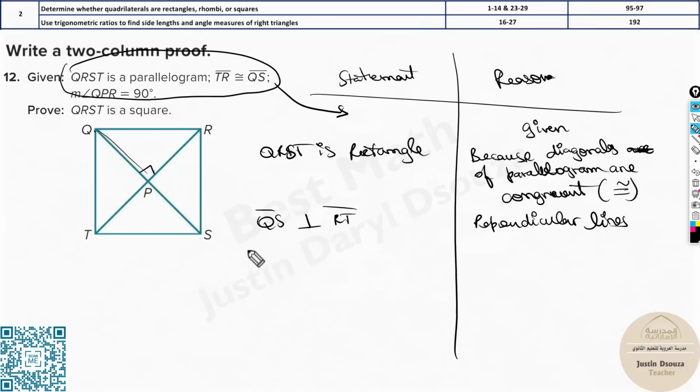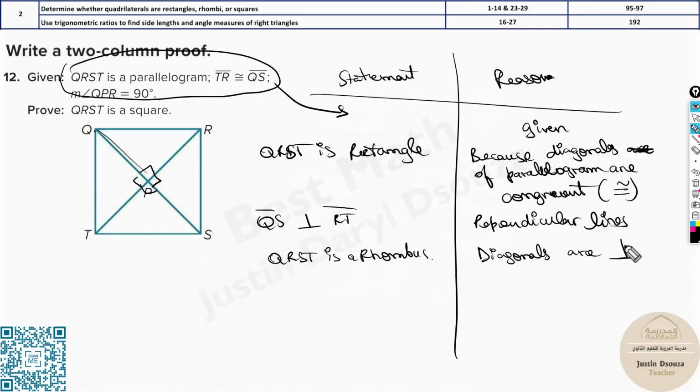And then what else can we write? If the diagonals are perpendicular to each other, meaning they're 90 degrees, then this is a rhombus. QRST is a rhombus, that's the property of a rhombus. The reason: because the diagonals are perpendicular.